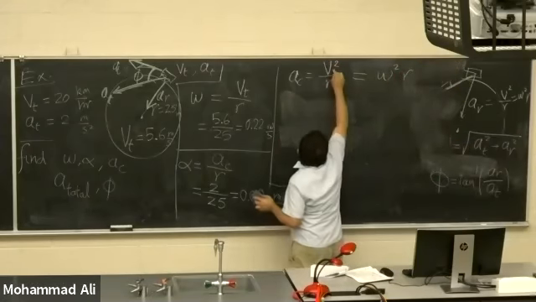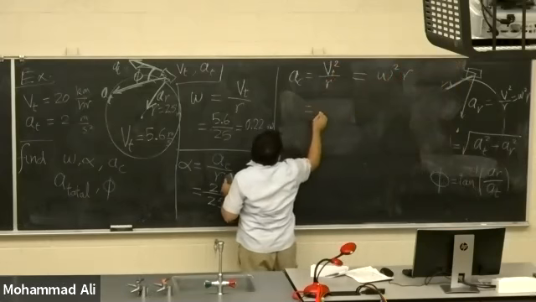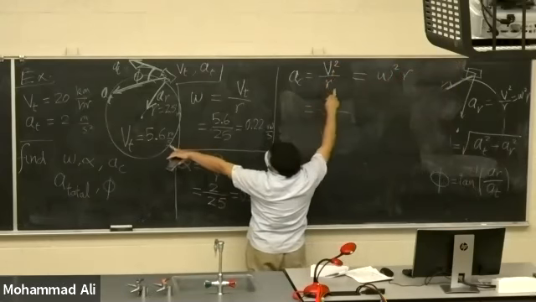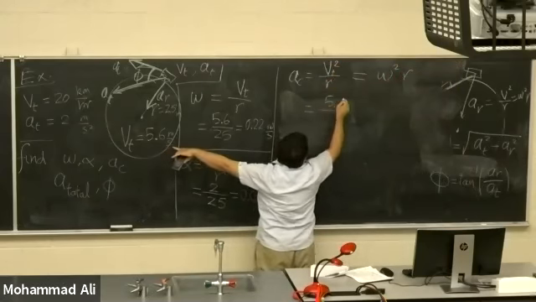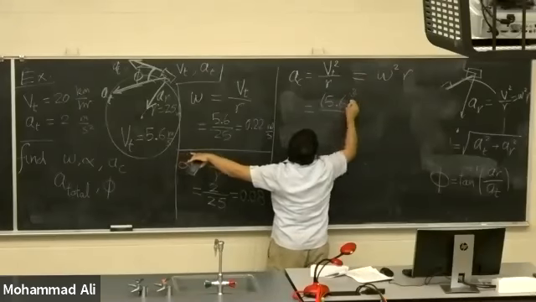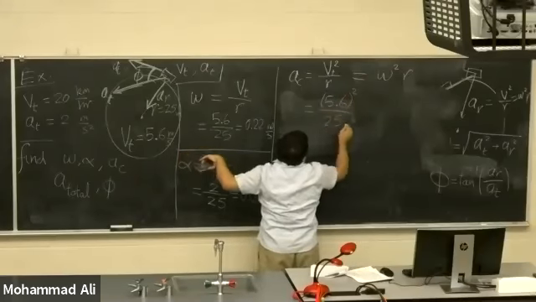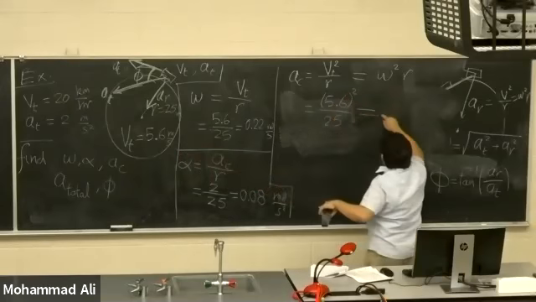V tangentially is 5.6 squared over the radius, which is 25, which is the same as omega.